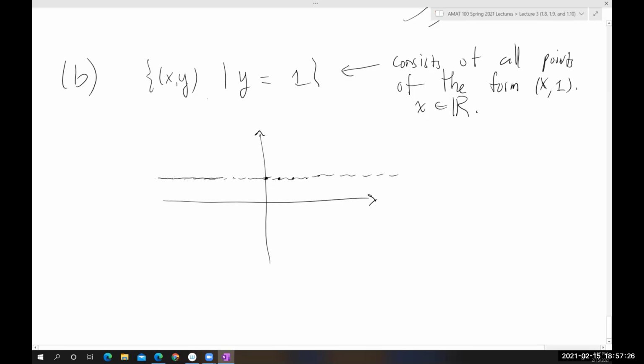So this point right here is 0, 1. The line through 0, 1 that's parallel to the x-axis will be a plot of this set right here.